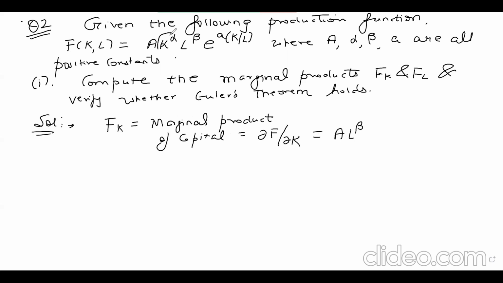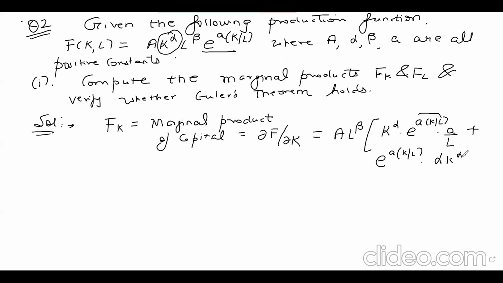And then within K to the power alpha and e to the power a K by L, I'm going to apply the product rule of differentiation. So I get K to the power alpha times e to the power a K by L times a by L when I partially differentiate this with respect to K, plus e to the power a K by L times K to the power alpha derivative is alpha K to the power alpha minus 1.